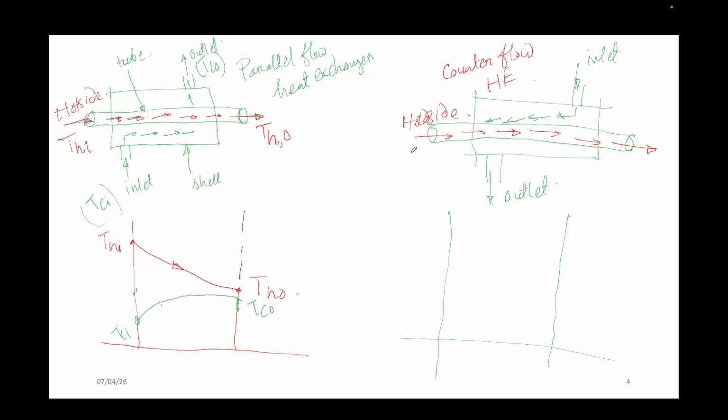If I represent it as THI, this one will be THO. Similarly, this is your TCI, and this should be TCO. As the hot water is moving in this direction, its temperature will definitely decrease, right? So this is THI and this is your THO.